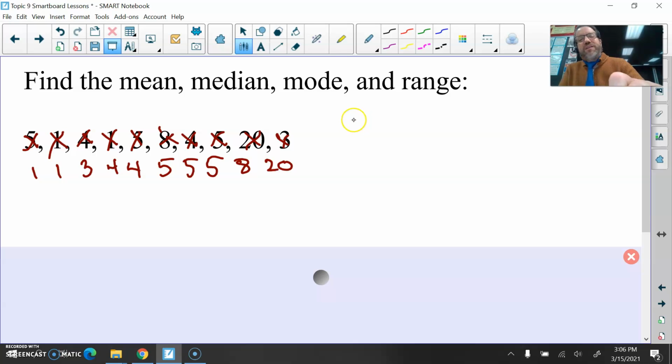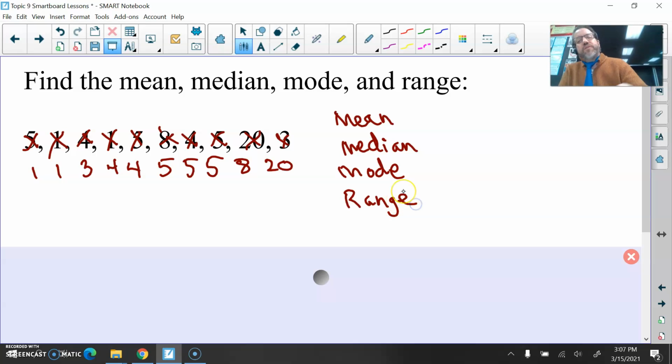All right, so the mean, median, mode, range. The easiest of these to find would be the mode. That's typically the easiest one to find. What number appears more frequently than the others? And in this example, there is a clear winner again.